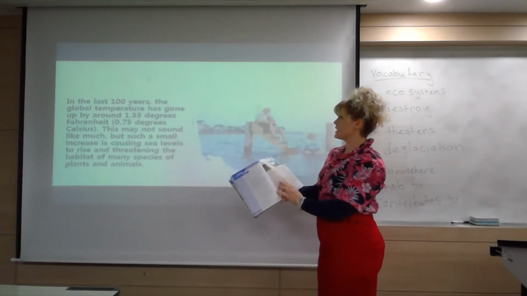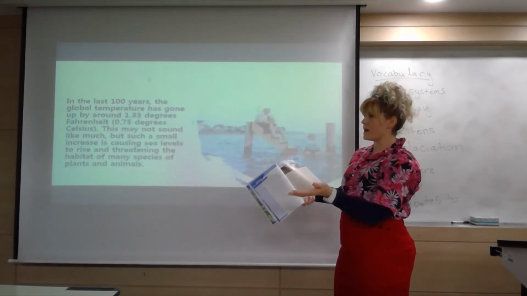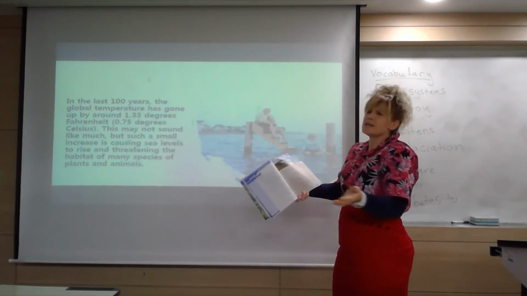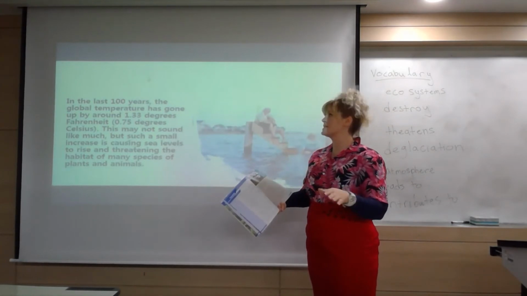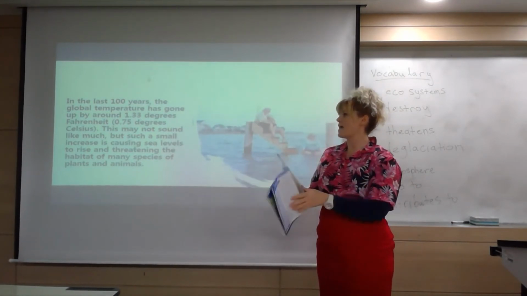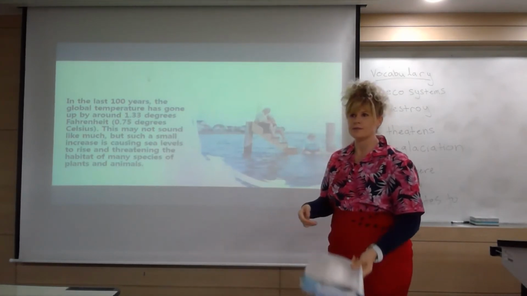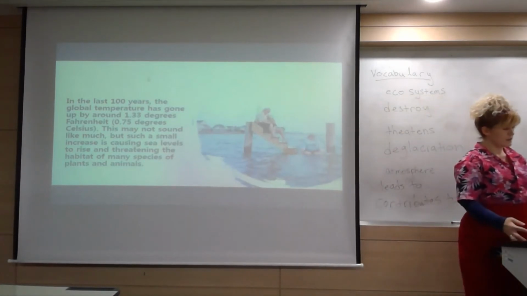In the last 100 years, the global temperature has gone up by around 1.33 degrees Fahrenheit. This may not sound like much, but such a small increase is causing sea levels to rise and threaten the habitat of many species of plants and animals.